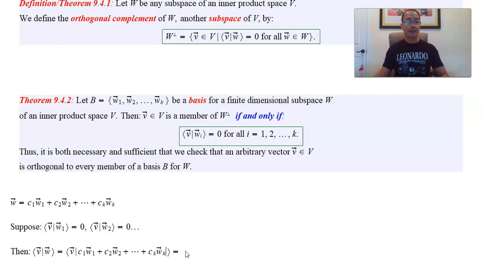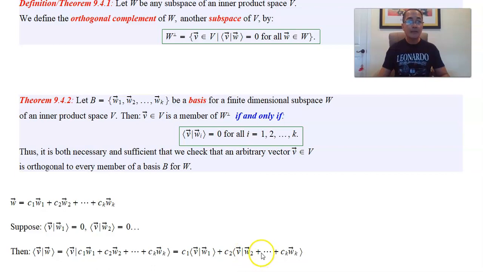Additivity and homogeneity. I think that we have grown up enough that we can do those two steps together, shall we? So c1 goes out, and we have only w1. Repeat with c2, and we only have the inner product of V with w2.